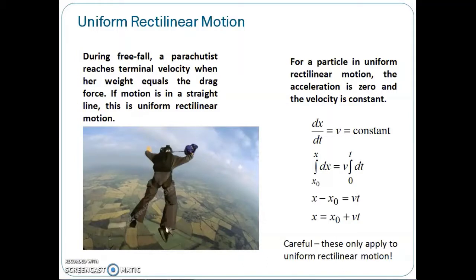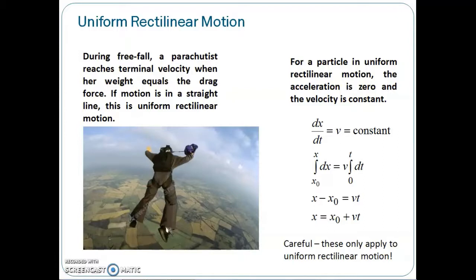When we want to study the motion of our particle, there are two important particular cases that need to be considered. One is called uniform rectilinear motion. Another one is called uniformly accelerated rectilinear motion.